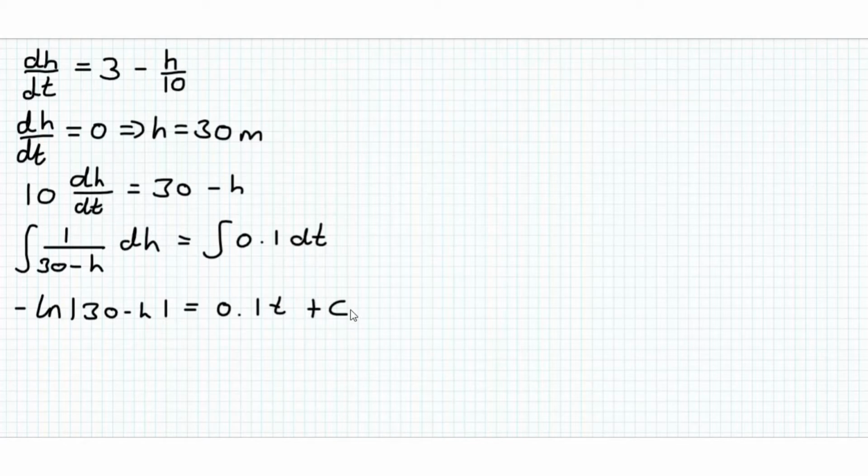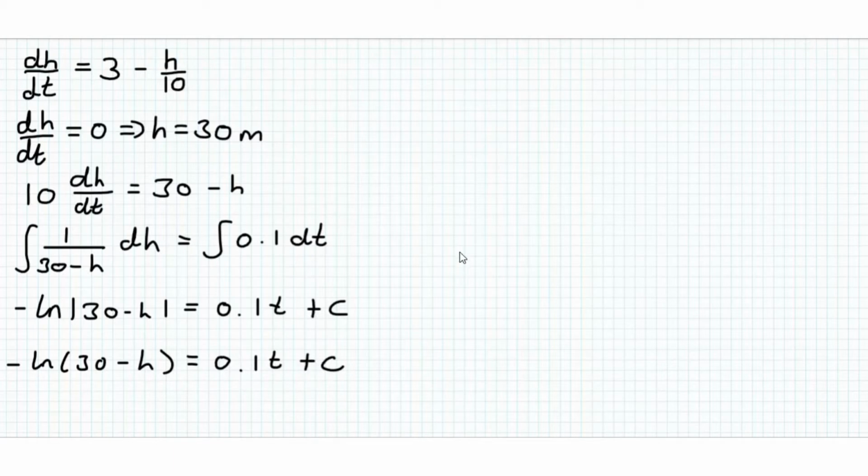But the trick here is that we already worked out that the maximum height of the tree is 30, so we don't need this modulus sign anymore. So we actually have minus ln of just 30 minus h is equal to 0.1 t plus c.